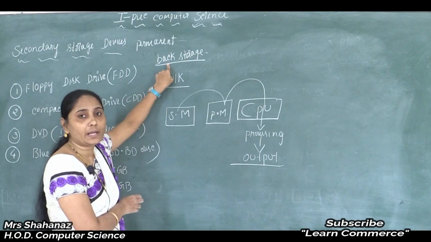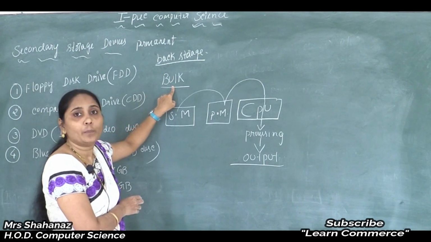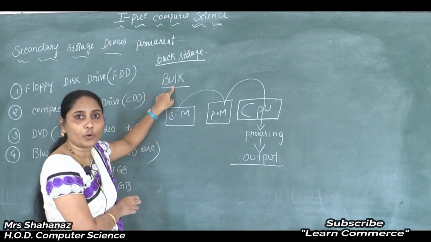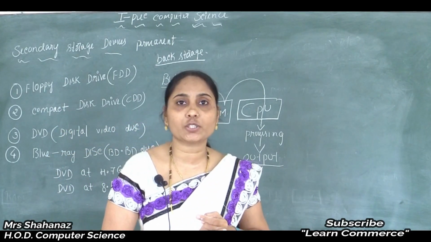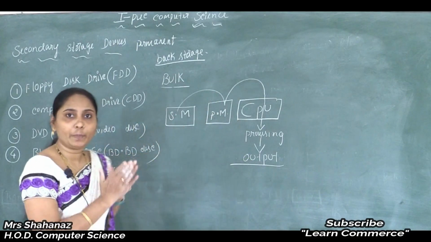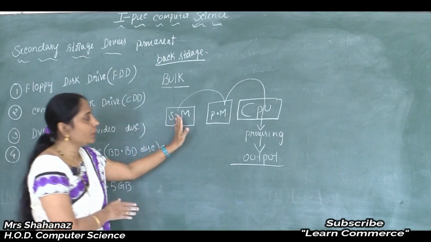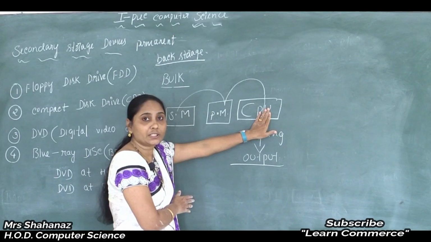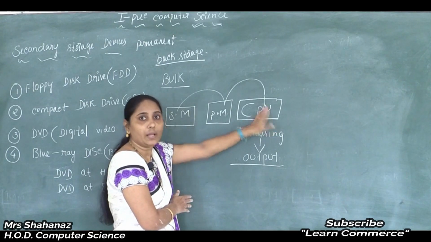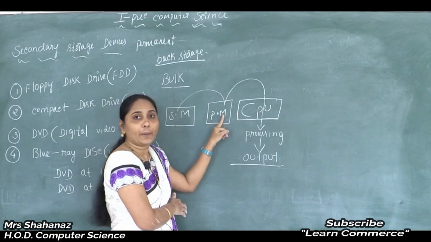We can store bulk information, programs, data and information using secondary storage devices. If the CPU wants any information, such data is first passed from secondary memory to the primary memory.